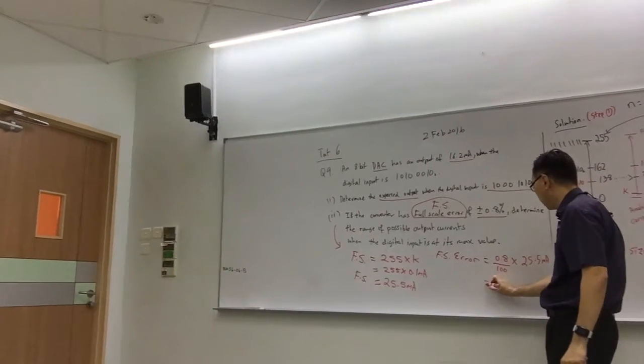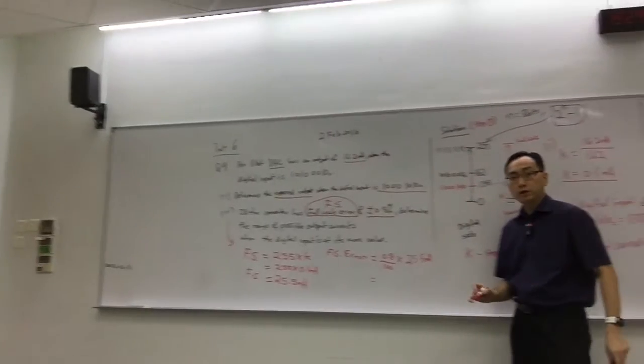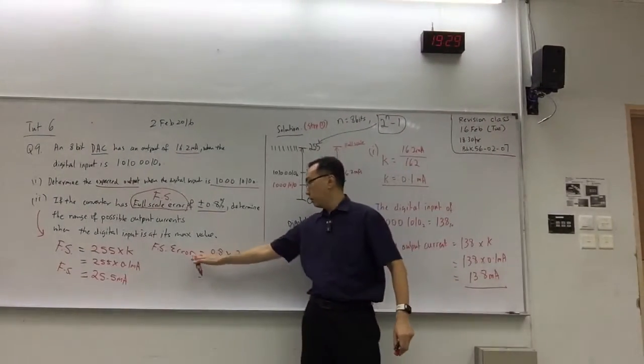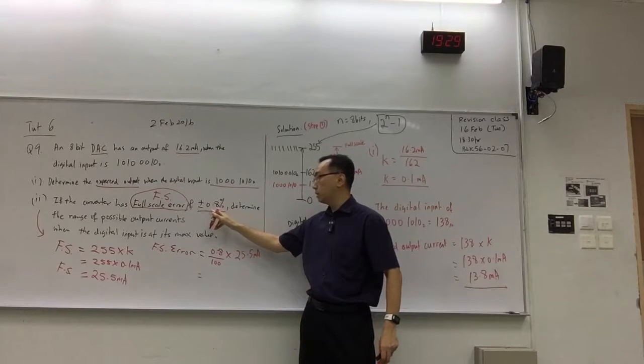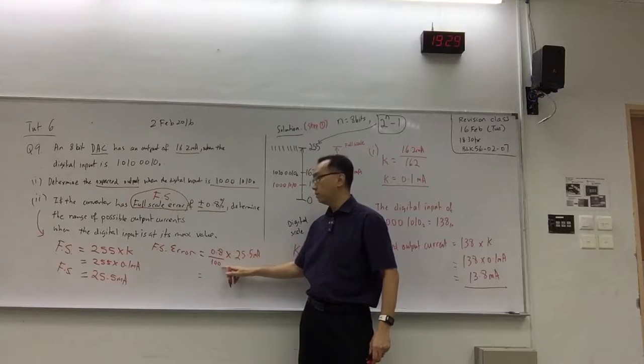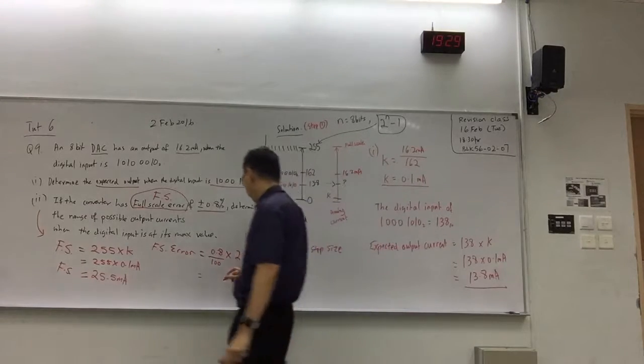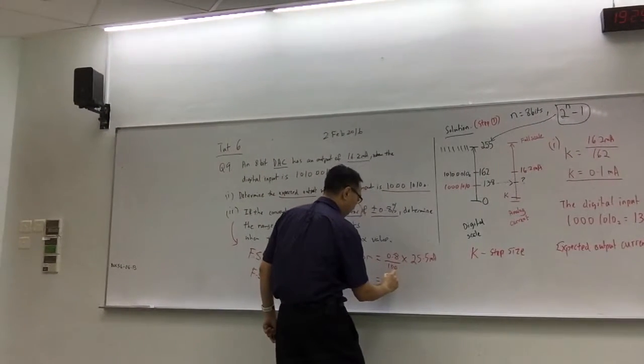Can one of you help me? I take 0.8 because I'm given 0.8% plus minus. So I take 0.8% divided by 100% times 25.5 milliamp. 204, is it correct? 204 milliamp or what?